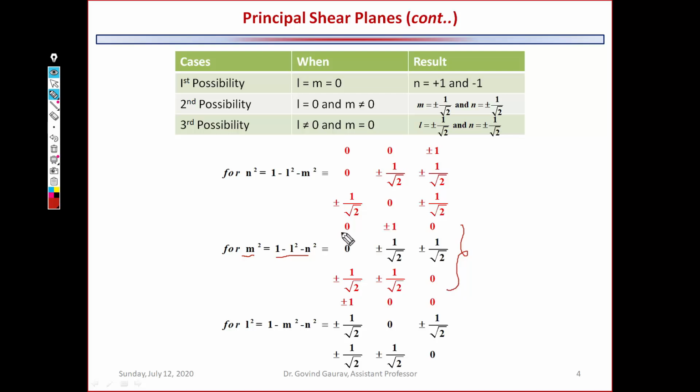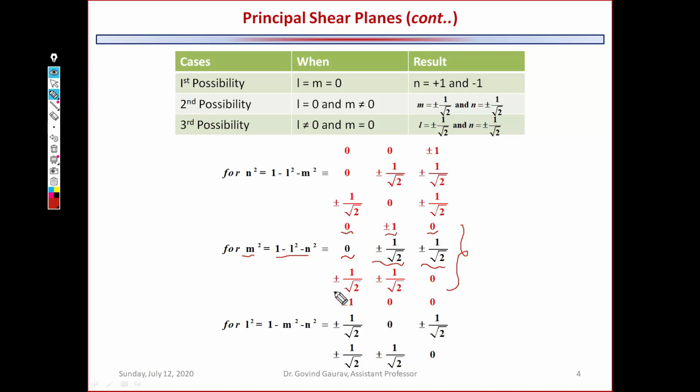The values of L would be 0, M would be plus minus 1, and the value of N will be equal to 0. The second case would be when we get L is equal to 0, M is equal to plus minus 1 by root under 2, and N would be plus minus 1 by root under 2.